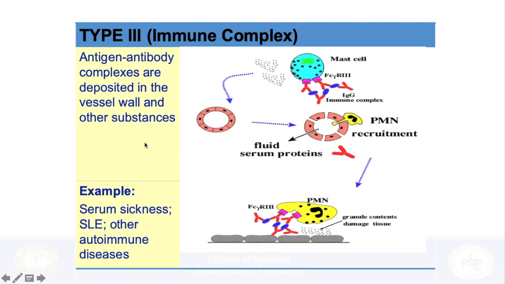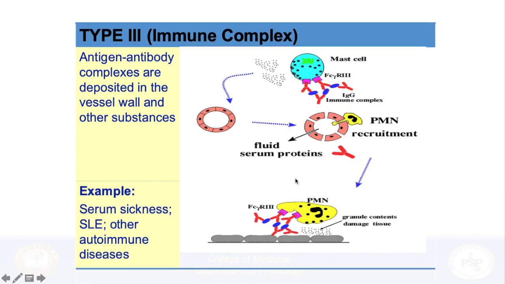Next type would be the type 3, which is the immune complex. So the immune complex here can be an antigen bound to the antibody. It can be this antigen-antibody plus the complement system. So what happens here is that the complexes are deposited in certain areas in the body, resulting now in a hypersensitivity reaction.